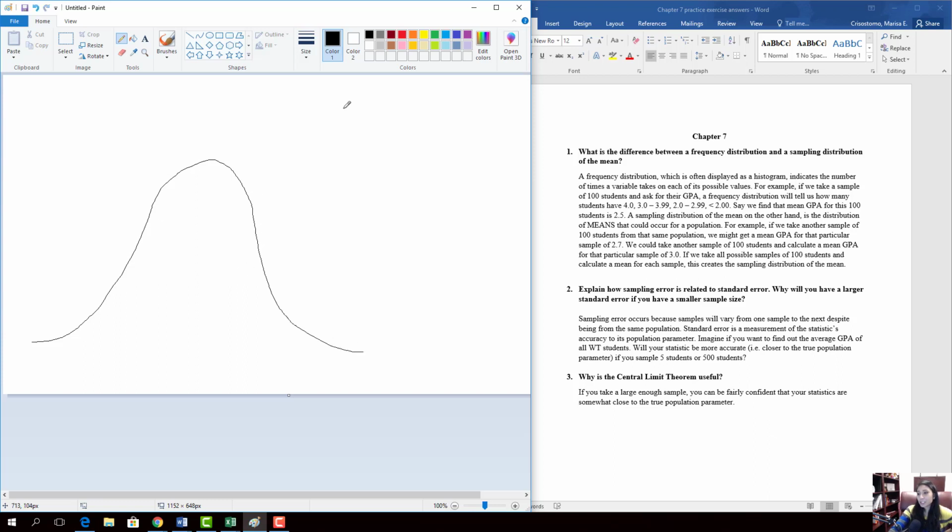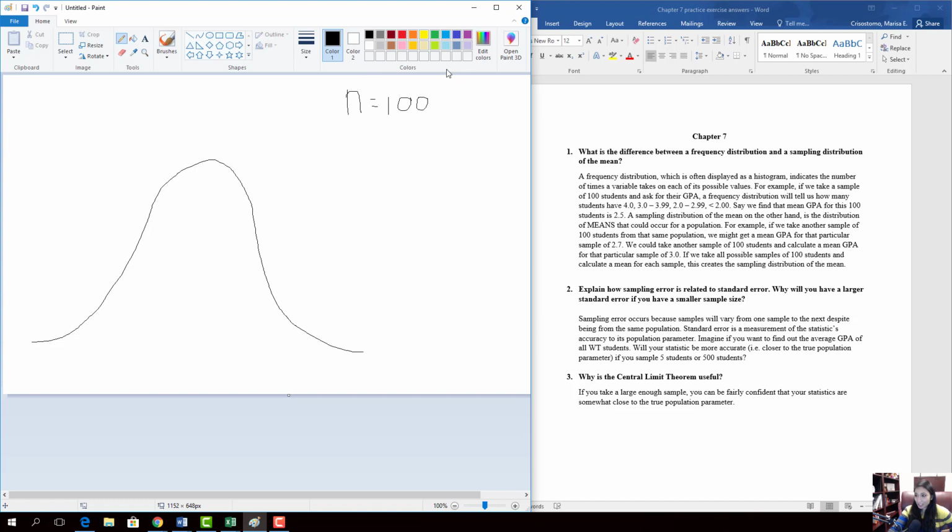So for example, say I wanted to know the average weight of an American male. I can take a sample of, let's say, 100 men, and I'll calculate a statistic.